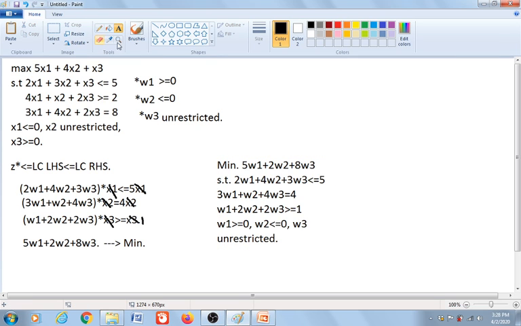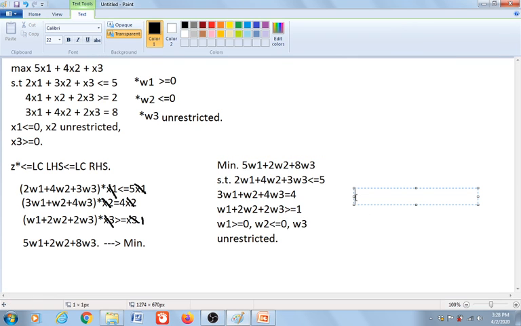Okay, so this is the dual, and this is the primal.